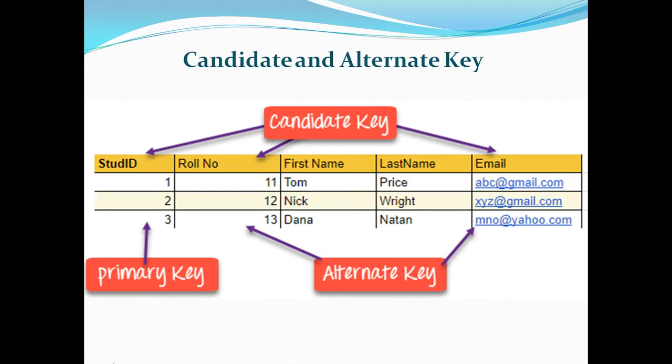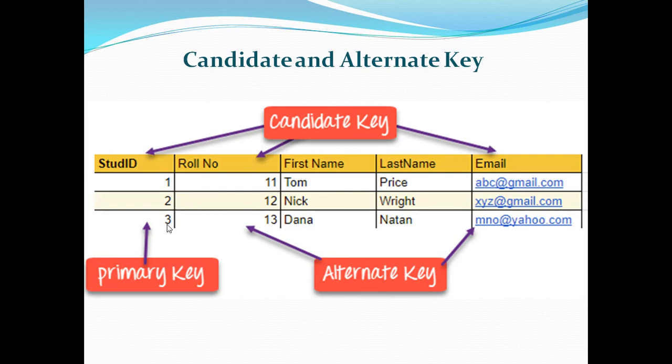See, in this table, we are saying primary key is a key which uniquely identifies each record. That means the value in the primary key should be unique. Like see, student ID 1, 2, 3, 4. There will be no repetition in the student ID.